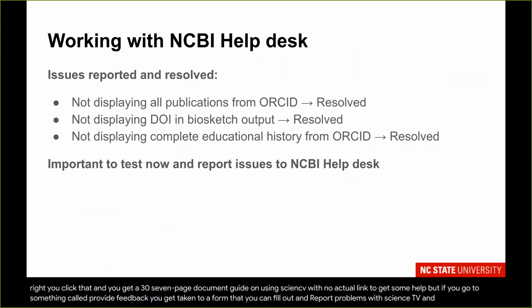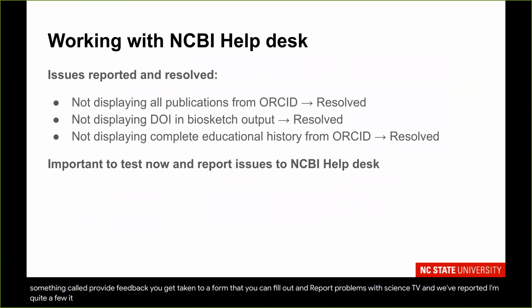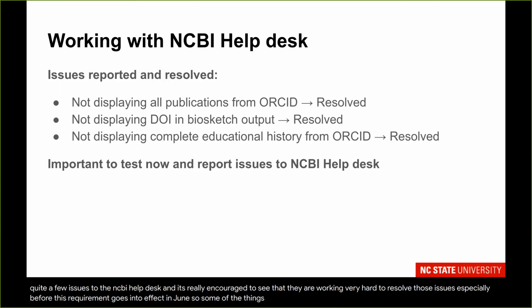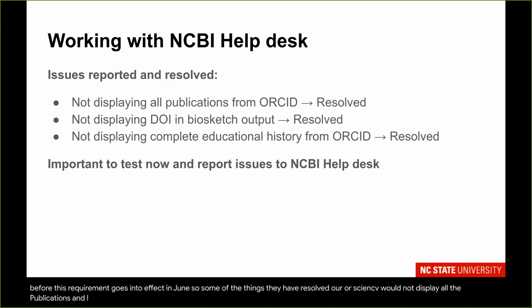And we've reported quite a few issues to the NCBI help desk, and it's really encouraging to see that they are working very hard to resolve those issues, especially before this requirement goes into effect in June. So some of the things they have resolved are: SciENcv would not display all the publications in a person's ORCID record.